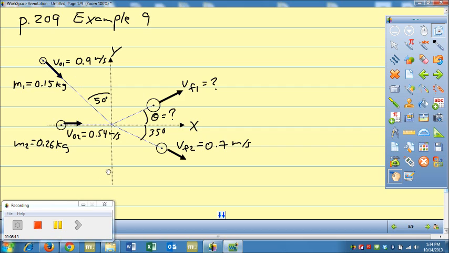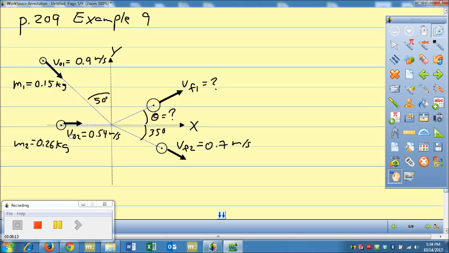So one thing we might want to do just for consistency is, you see, what's going to happen here is that if we look at this velocity here, it really has two components, one to the right and one down.